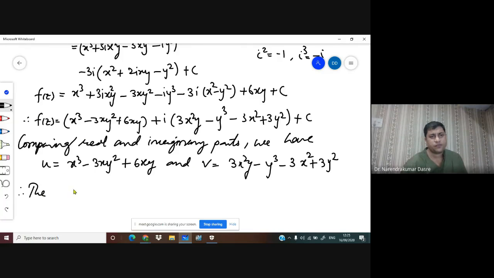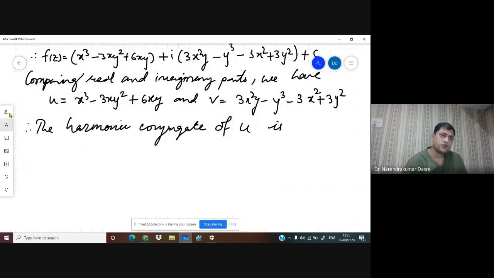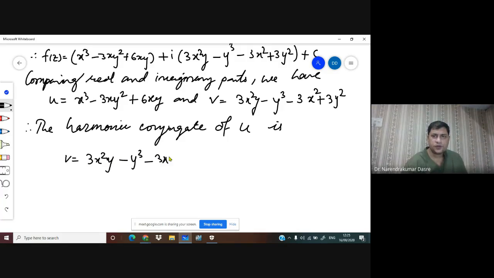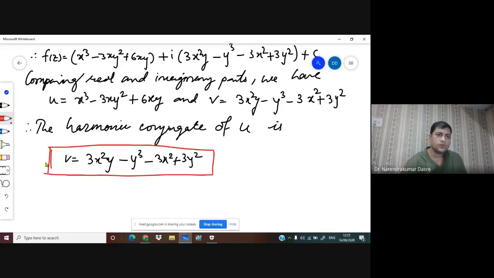So we can say the harmonic conjugate of u is v is equal to 3x square y minus y cube minus 3x square plus 3y square.